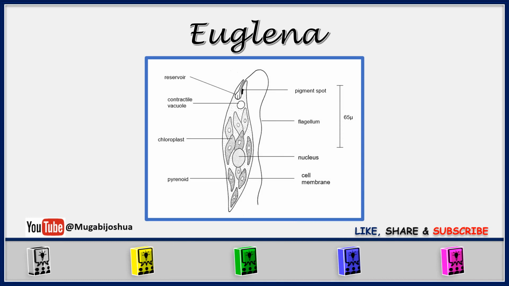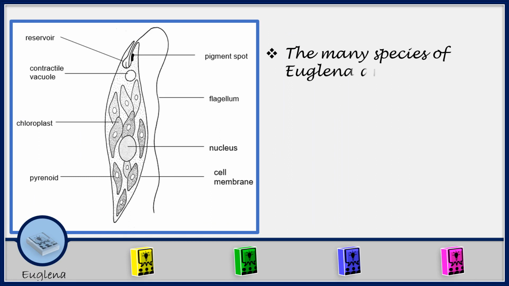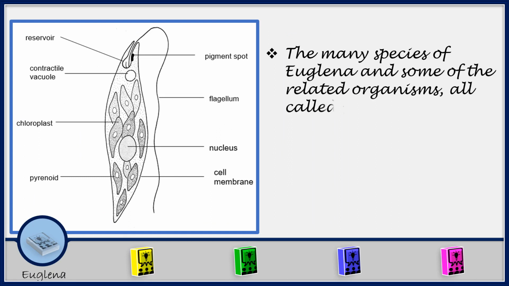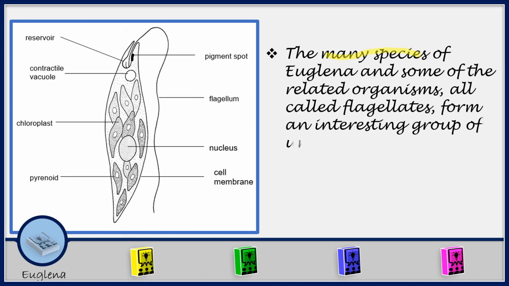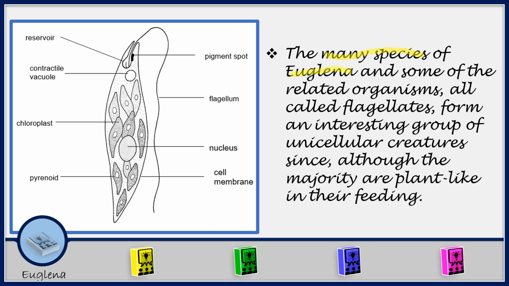I welcome you to Euglena. The main species of Euglena and some other related organisms are all called flagellates.